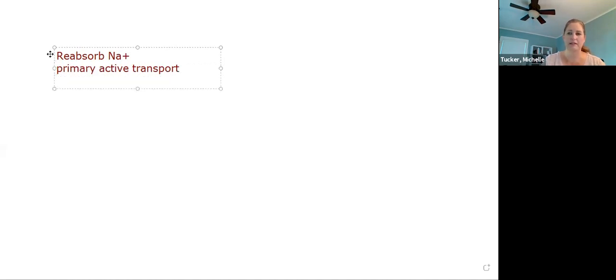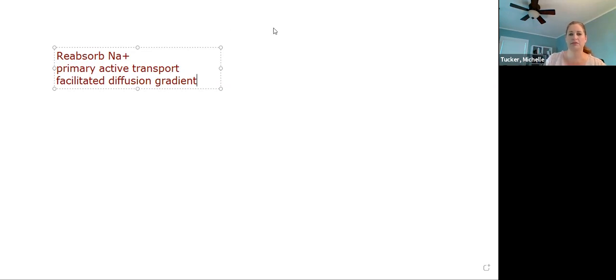That creates a facilitated diffusion gradient, where ion channels allow sodium to come from the filtrate and slide down that gradient into the cell.